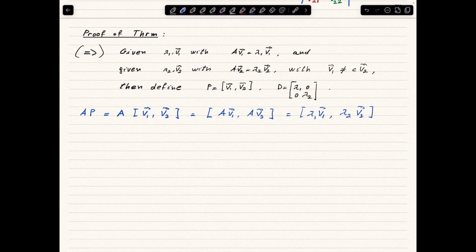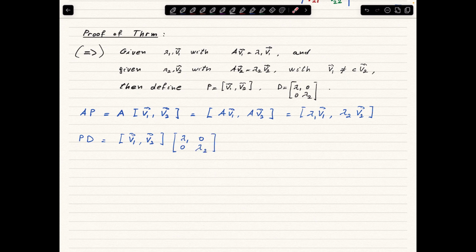Okay, we stop the calculation there, and now let's do this other calculation. What is matrix P acting on matrix D? Well, matrix P is v1, v2 as column vectors, and matrix D has lambda 1 in the first component, then 0, 0, and lambda 2.